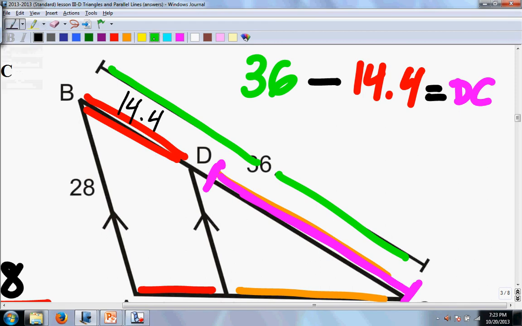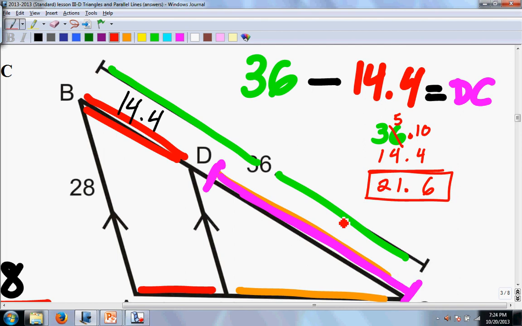So we're going to go 36 minus 14.4. We're going to borrow from this and make that 5. We're bringing this over, so that's going to be 6. 5 from that's 1, and that's going to be 2. So our answer here is 21.6.